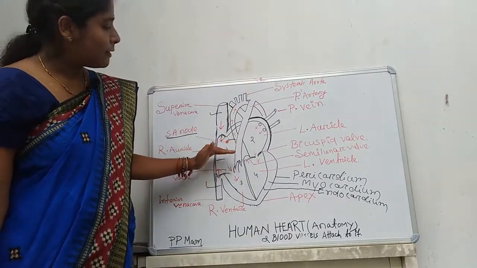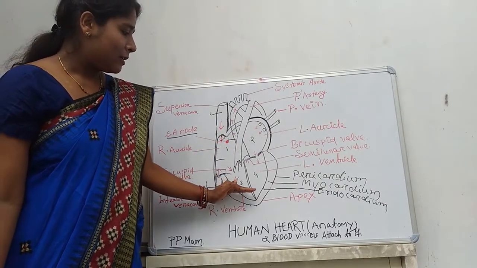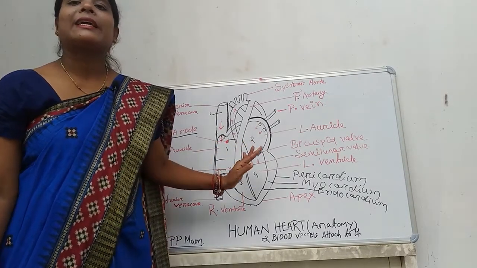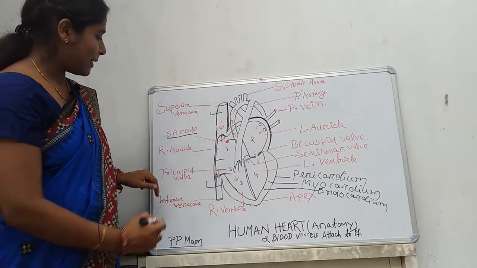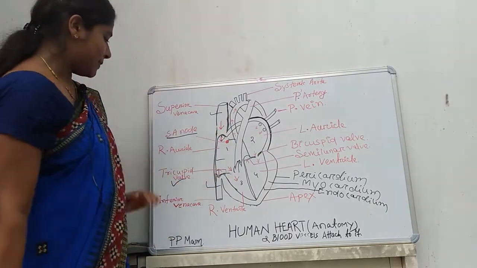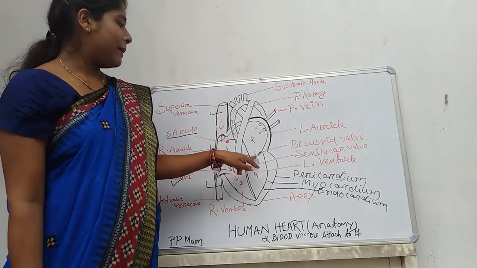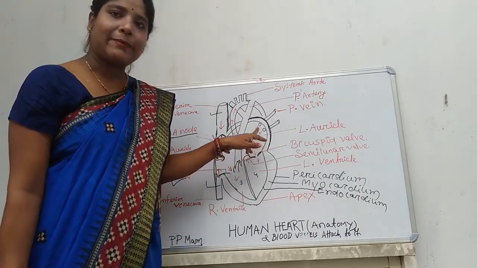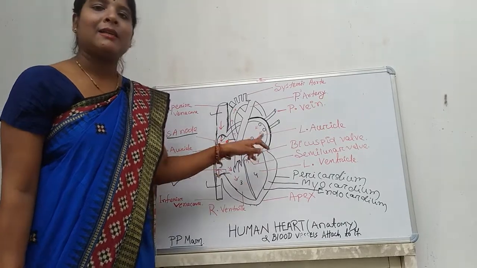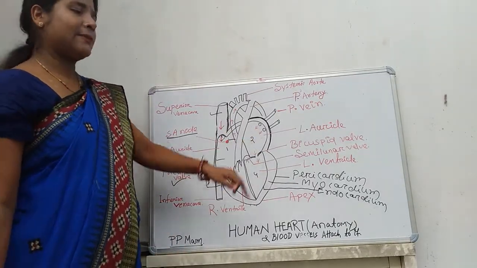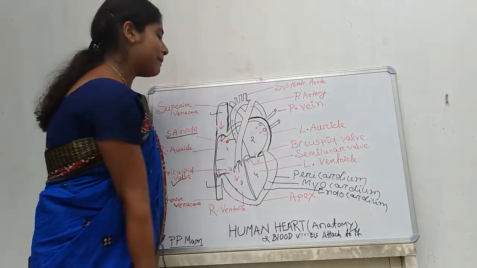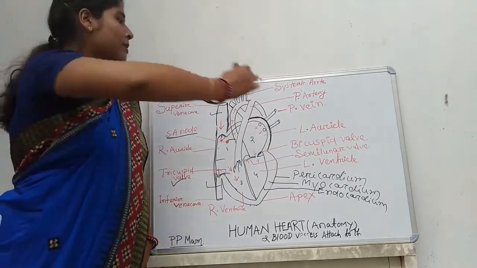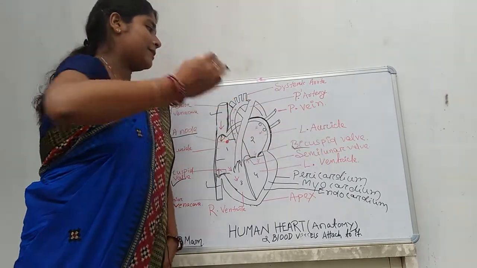In between the right auricle and right ventricle the tricuspid valve is present. In between the left auricle and the left ventricle, the bicuspid valve is present.